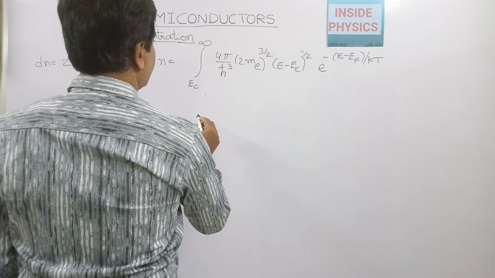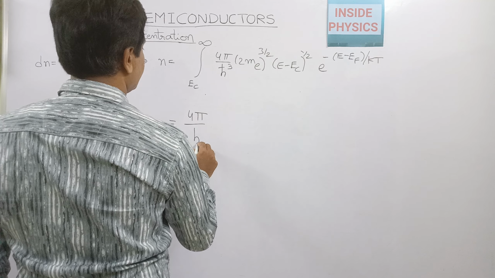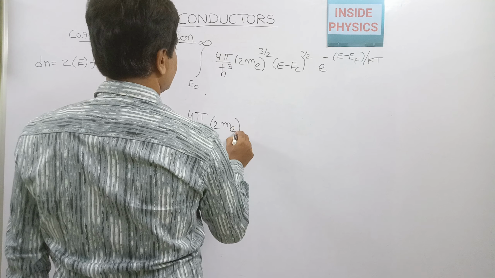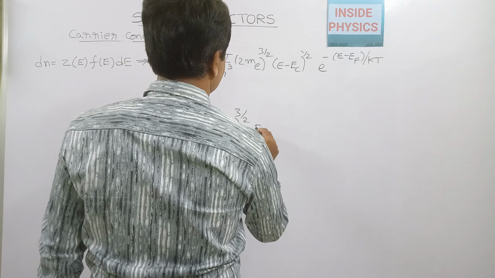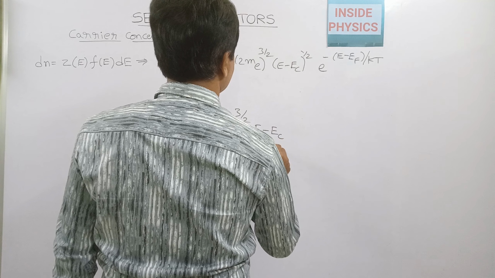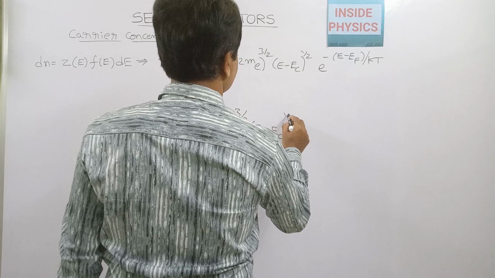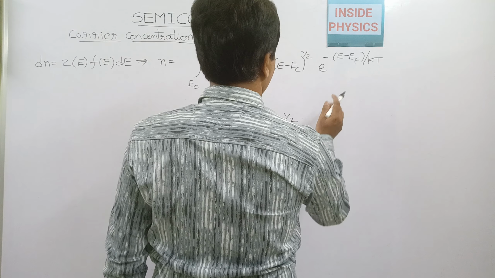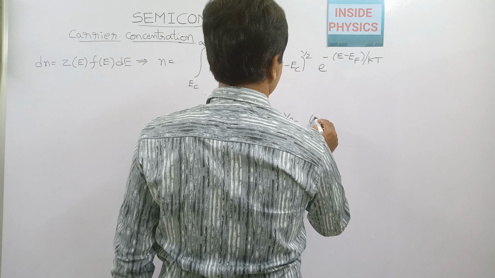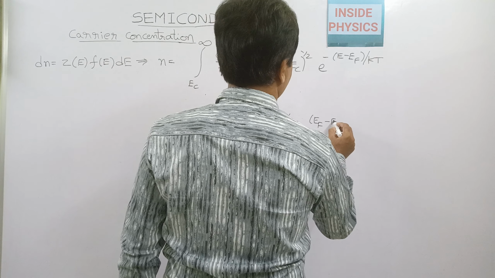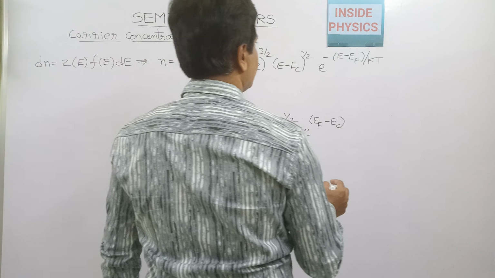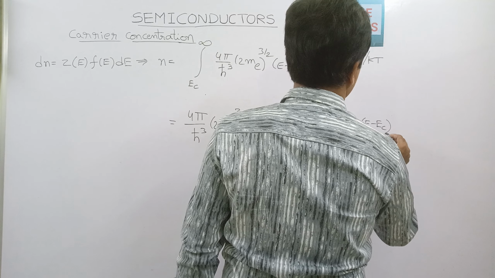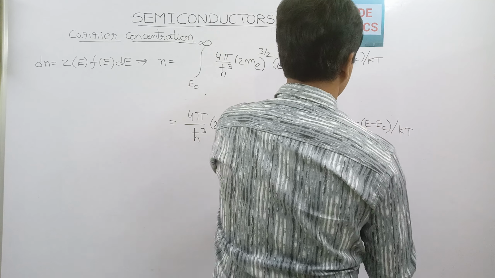Now I will write this in the form of EF minus EC, and e to the power minus (E minus EC) by kT.